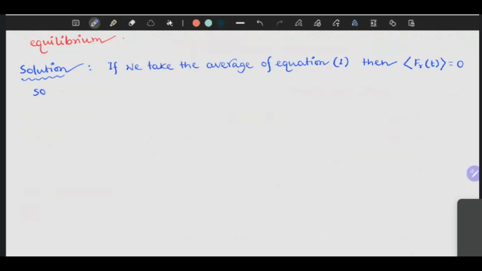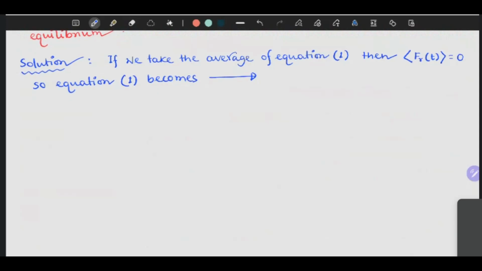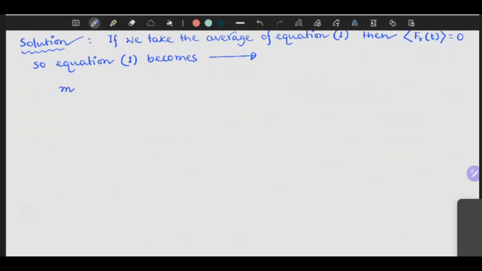So equation 1 becomes m d2 mod x dt2 is equal to minus gamma d of mod x dt plus the external force.